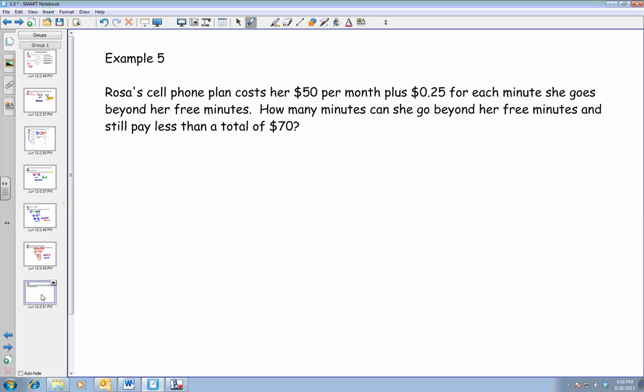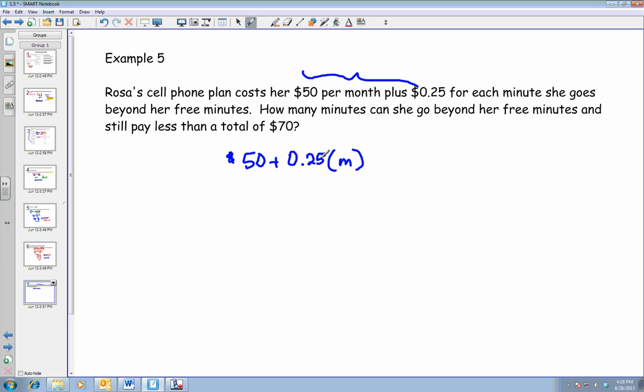So first, let's use this information right here to come up with an equation. We know that no matter what, she's going to pay $50. So $50 plus we know she's going to pay 25 cents for every minute that she goes over, but we don't know how many minutes that is, so we're going to call that m.